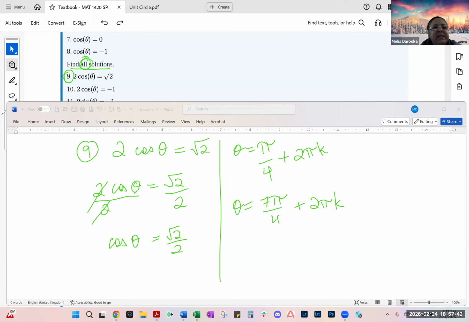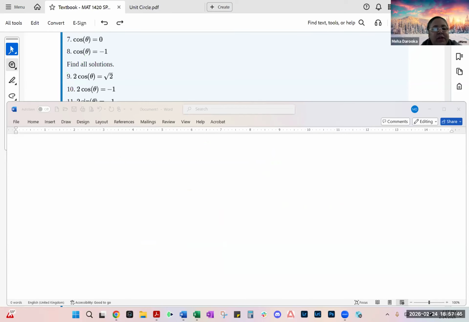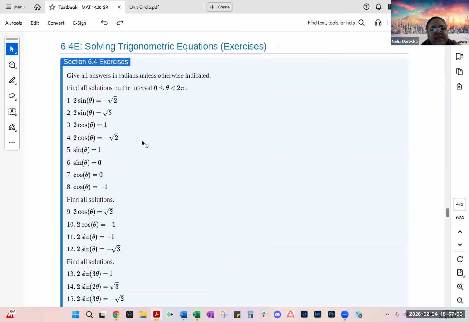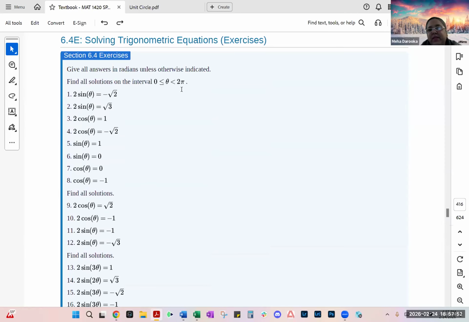Okay. And you can see there are a bunch of different examples over here that if you wanted to practice, you can. Some of these here are keeping it within a specific interval. Let's do number 5 very quickly. For number 5, they have sine of theta is equal to 1, but they are saying all solutions within the specific interval, right?